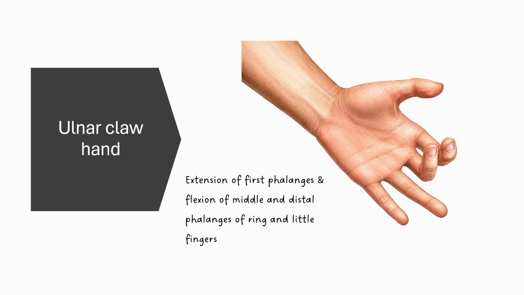And the flexor digitorum superficialis and profundus act unopposed, causing flexion of the proximal interphalangeal and distal interphalangeal joints, and this produces the characteristic clawing of the fingers.